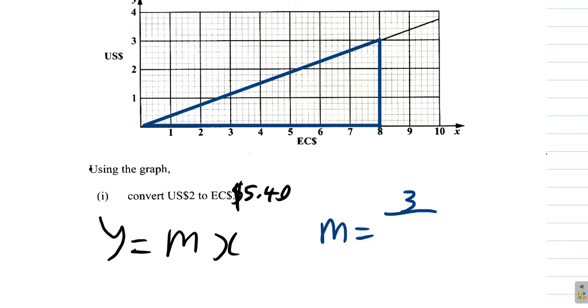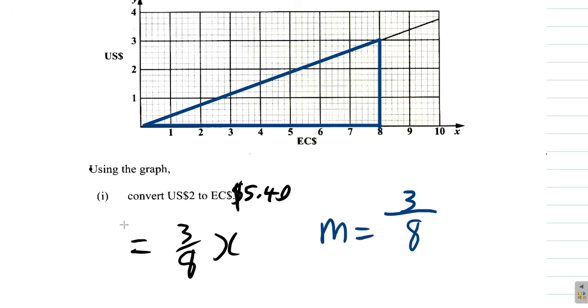How much does it run? It runs from here all the way out here: 1, 2, 3, 4, 5, 6, 7, 8. So it's 3 over 8. Therefore, our line has the equation y equals 3/8 x. Now, you can rename it if you want.